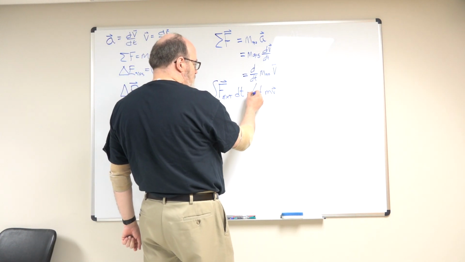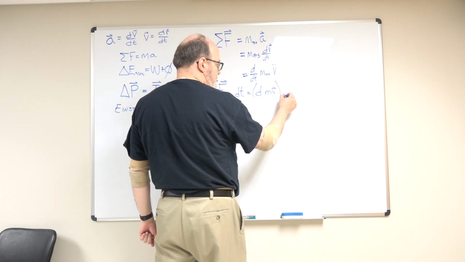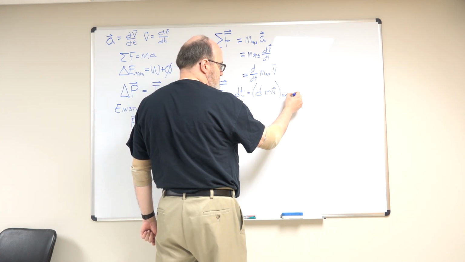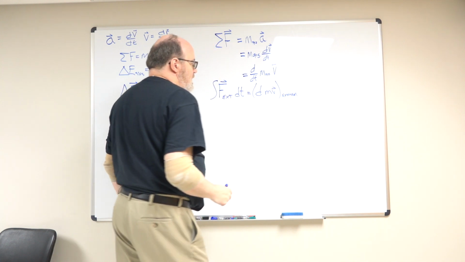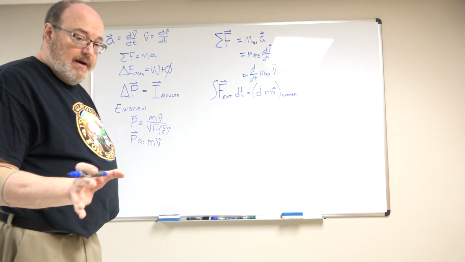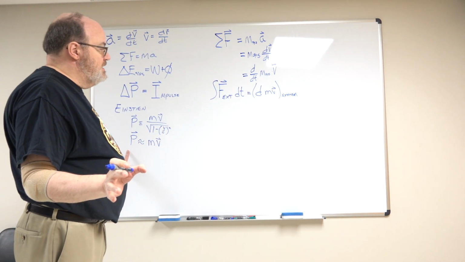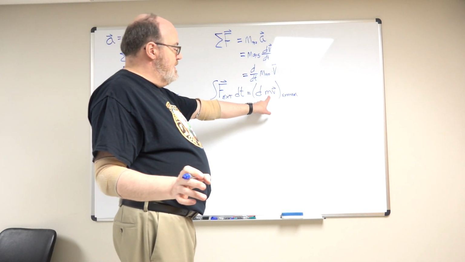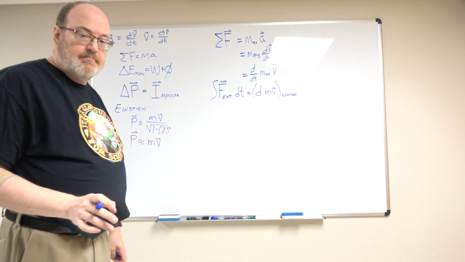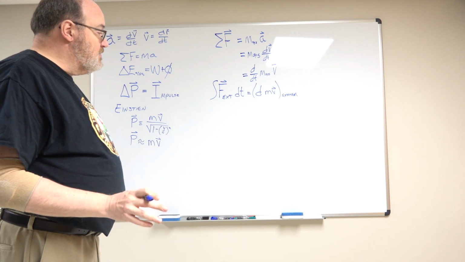And this then is all based on the system. So no matter how you talk about it, we know that momentum is defined as mass times velocity. And it's a vector quantity.